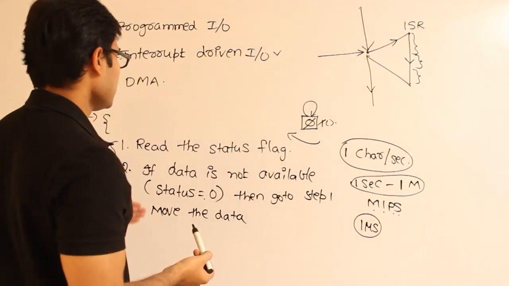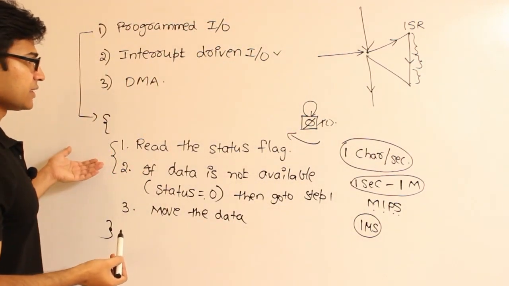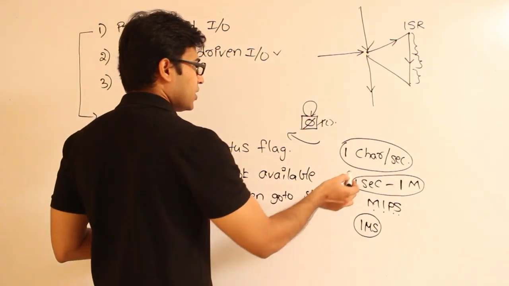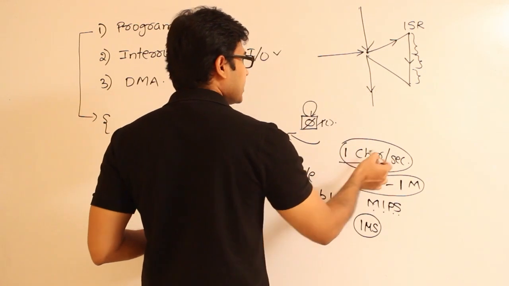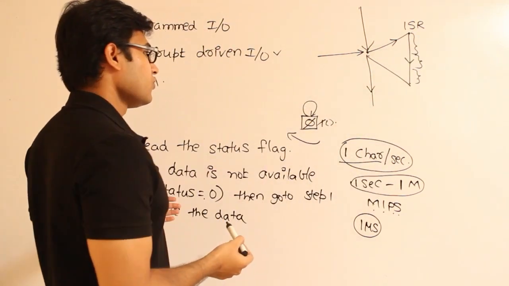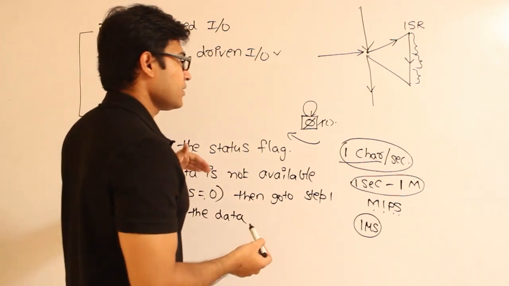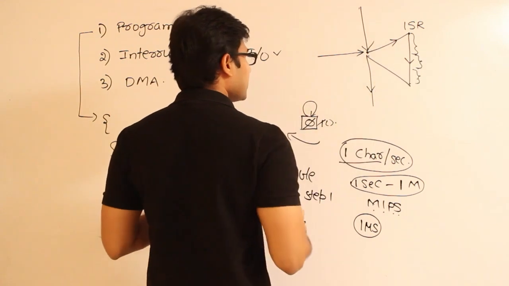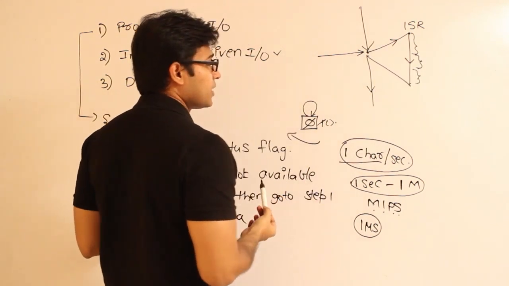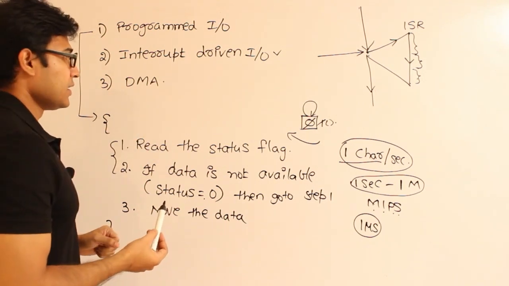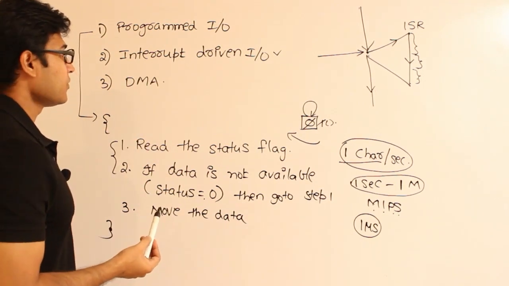It is not going to be 1 million instructions as in this case, isn't it? In this case, in order to move one character, you are actually wasting 1 million instructions, but the ISR will not be 1 million instruction code. Therefore, even though for every character transfer, here also we are writing a program, the program is not containing 1 million lines, right? So the overhead will be less in case of interrupt driven IO, right?